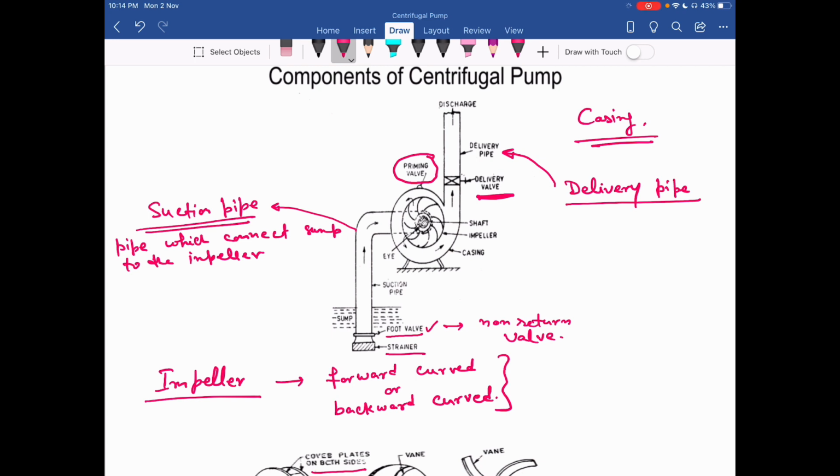Now if the delivery valve is opened and the speed of the impeller is sufficient, the water will start pouring out on the delivery side. So this is how my centrifugal pump starts. Before starting the centrifugal pump, we have to do priming.